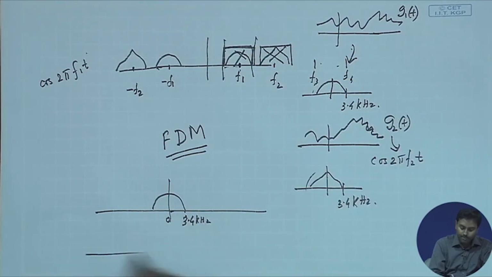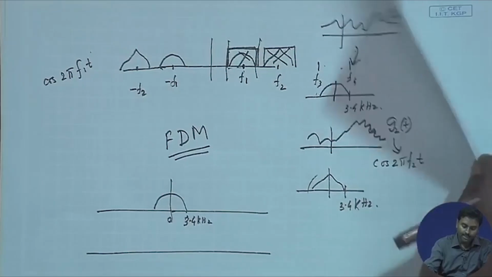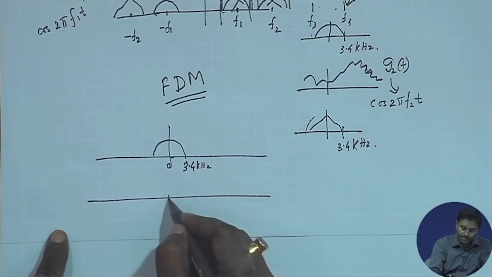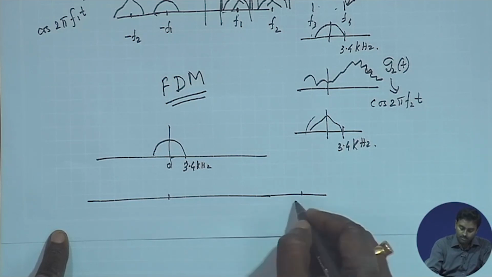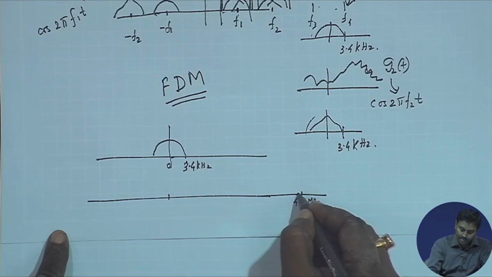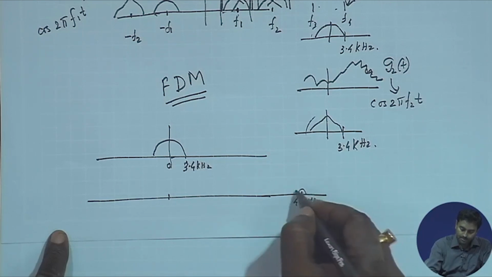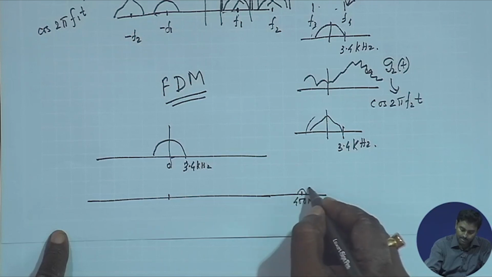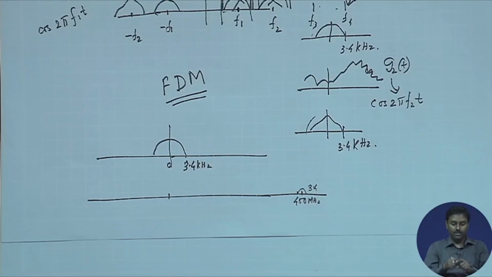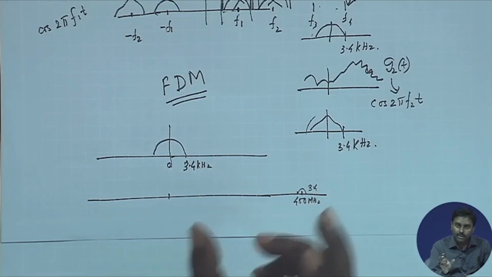Now, suppose I put them at a very high frequency, let us say some 400 megahertz. What will happen? It will be centered around 400 megahertz, at 400 plus 3.4 and 400 minus 3.4. Okay. So, it will be around that 400 megahertz only.